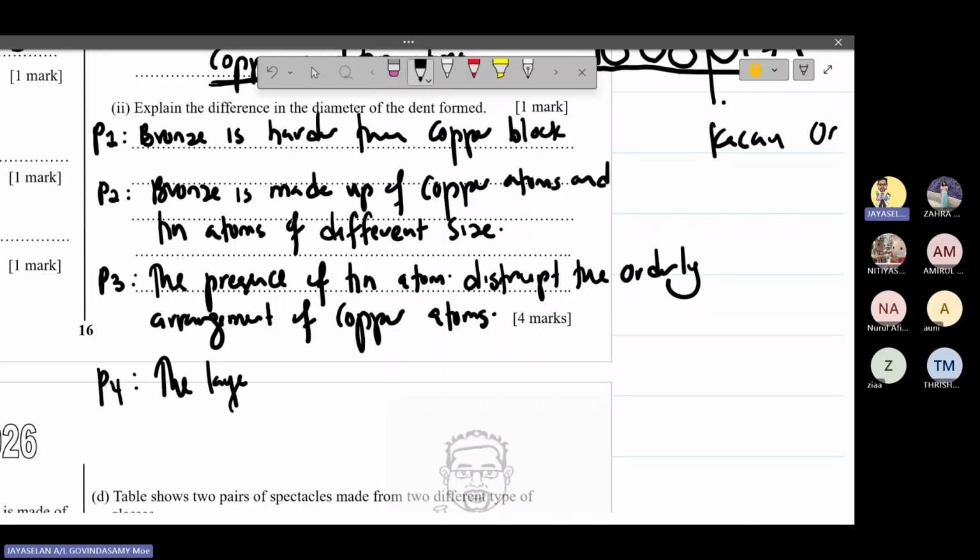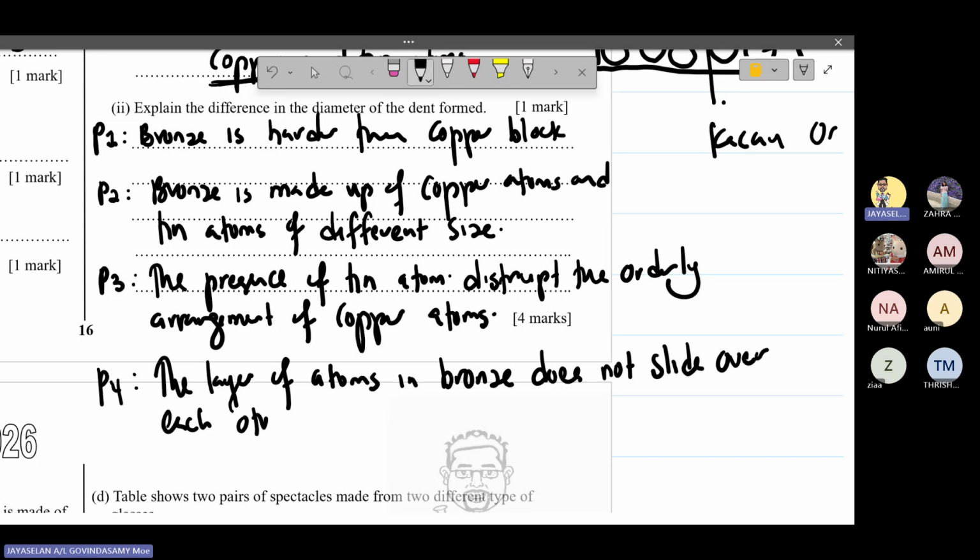The layer of atoms in bronze does not slide over each other when force is applied. Finish. Therefore, they are harder. But in copper block, they will slide over. Understand? Okay, you guys already score 4 marks.